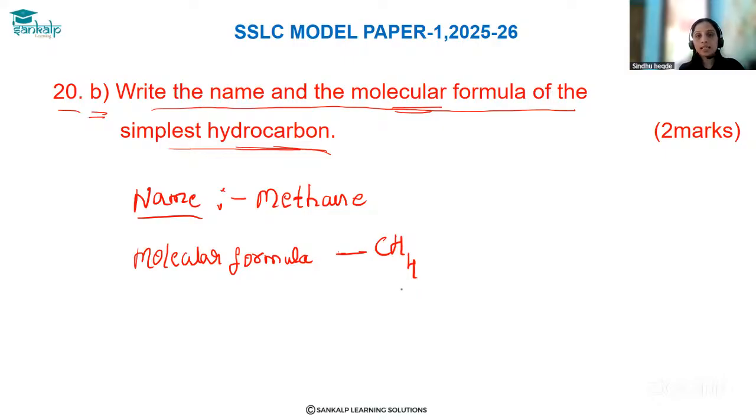Here carbon is there and hydrogen is also there. Hence it is related to the hydrocarbon group, and it is the simplest hydrocarbon. The question is to name and write the molecular formula. The name is methane. It is an example of the simplest hydrocarbon, and the formula is CH4.